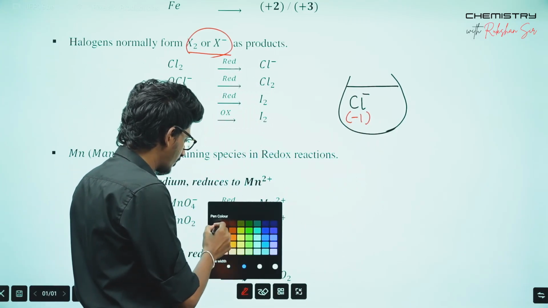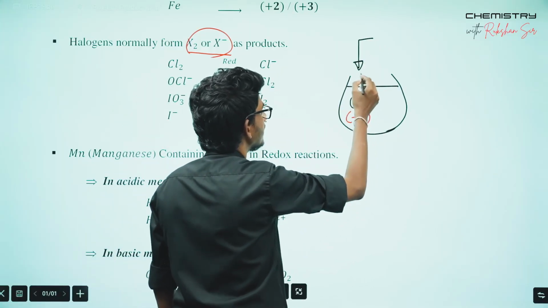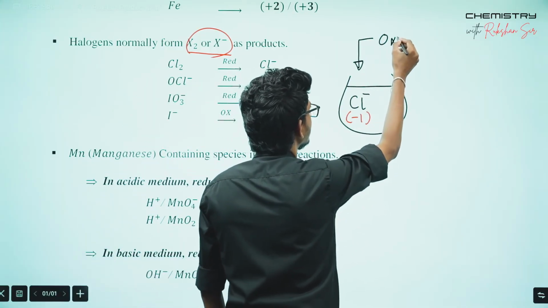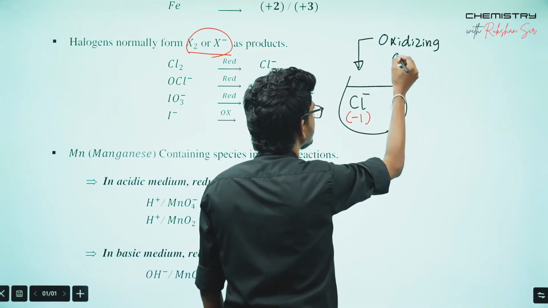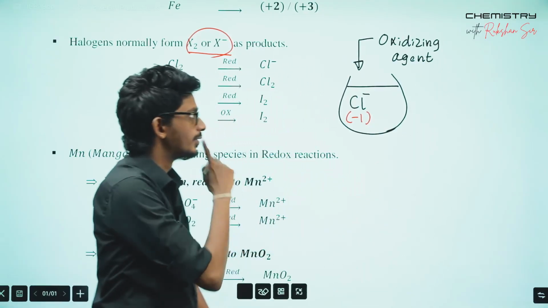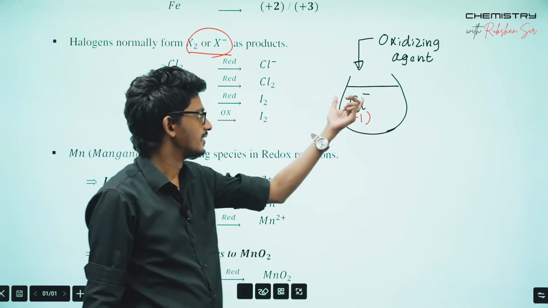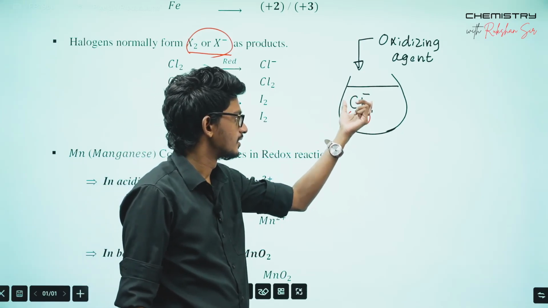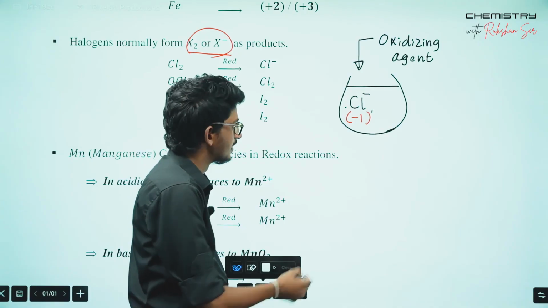Let's say from the top you are adding some oxidizing agent. If you add some oxidizing agent, the halogen should get oxidized.